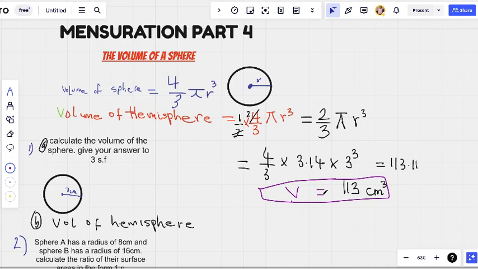Now, using the same radius, assuming that we now have a hemisphere, something like this. A hemisphere is half of the sphere.